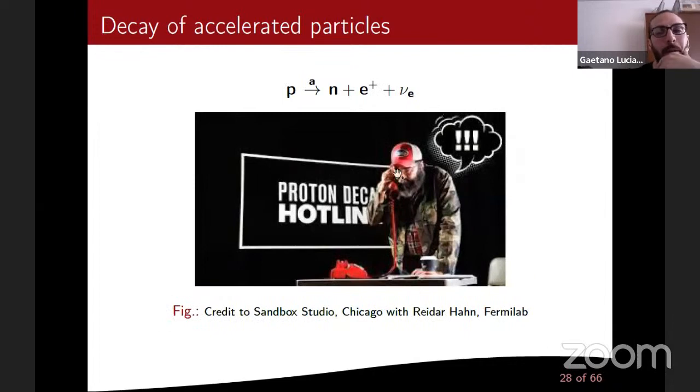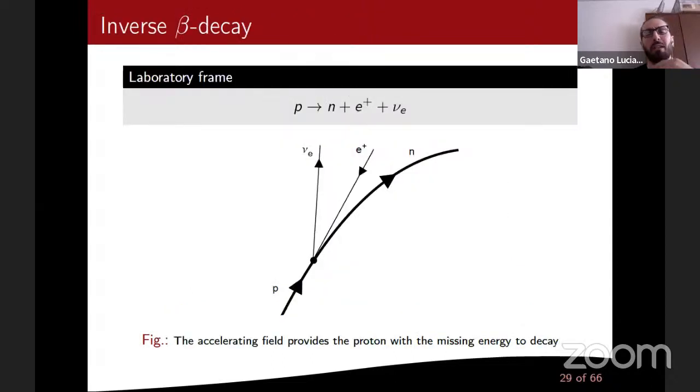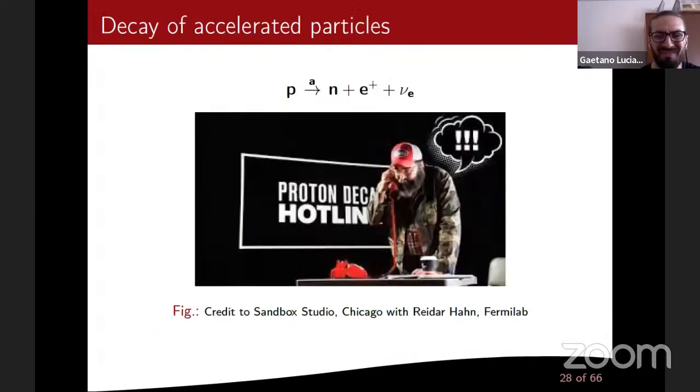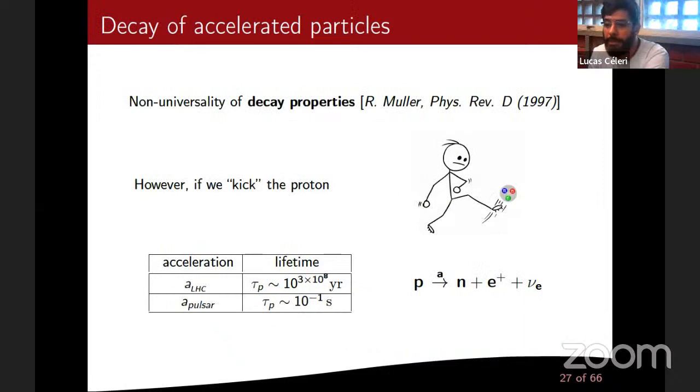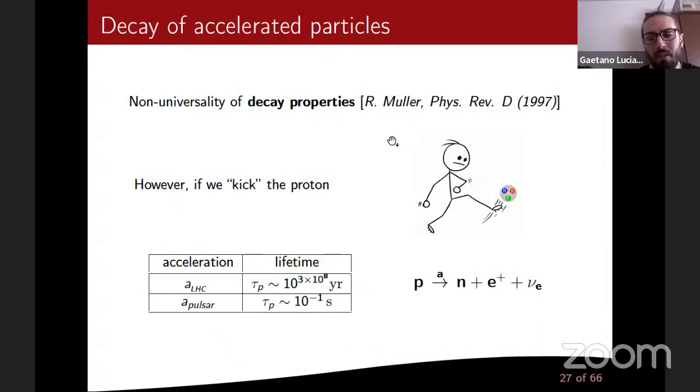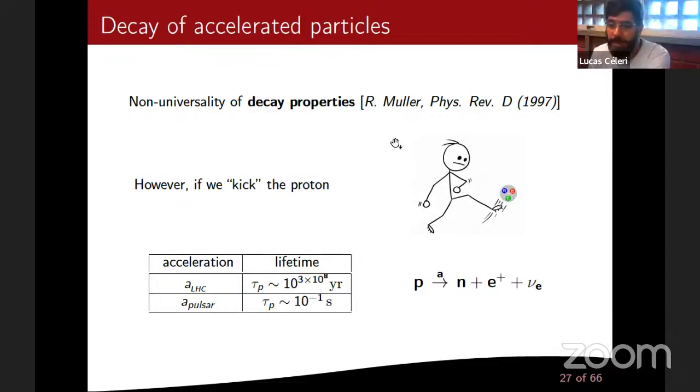This is just the same process I was commenting on a few seconds ago. Just a silly question, please. You're saying that an accelerated proton can decay into a neutron, a positron, plus a neutrino. This is at tree level. But the proton is a charged particle. Why don't you have electromagnetic waves there, a photon?